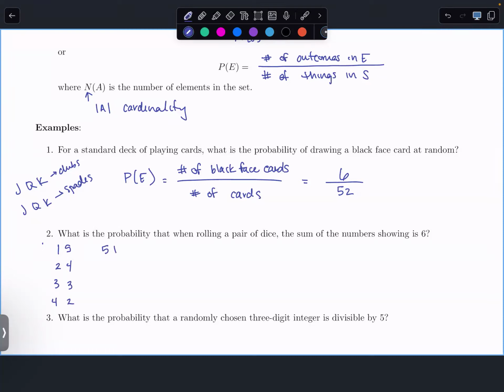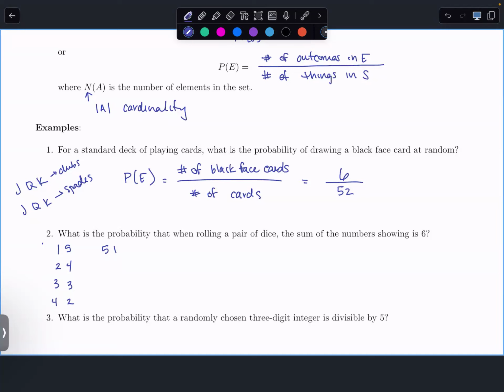So you roll one die, you roll the other die. So the ways that this could happen is die one is a 1 and die two is a 5. Die one is a 5 and die two is a 1. So that's two different ways that it can happen. But die one being a 3 and die two being a 3, there's not two ways that happens like this. Does that make sense?